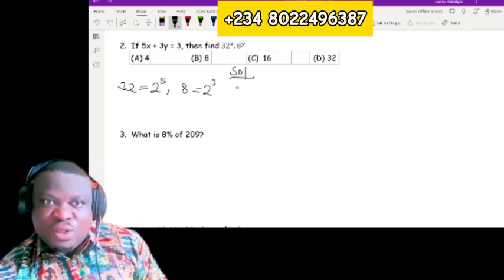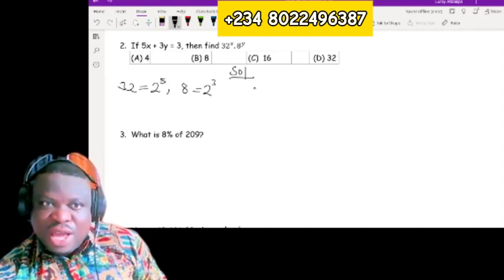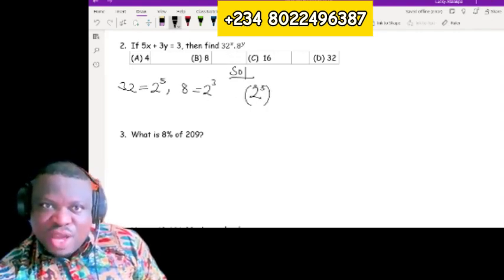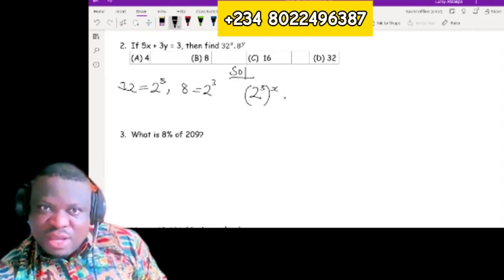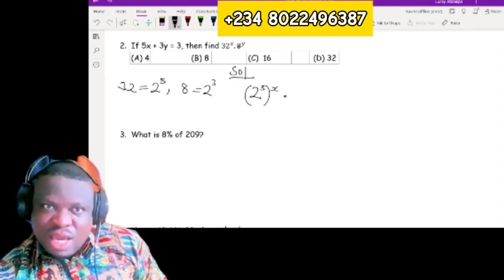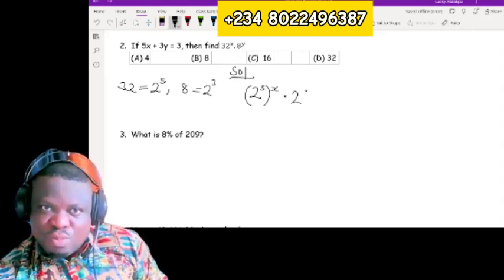So 32 to the power of x is 2 to the power of 5, carrying the power of x, multiplied by 2 to the power of 3, carrying the power of y.